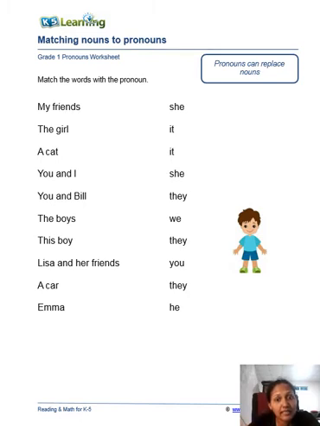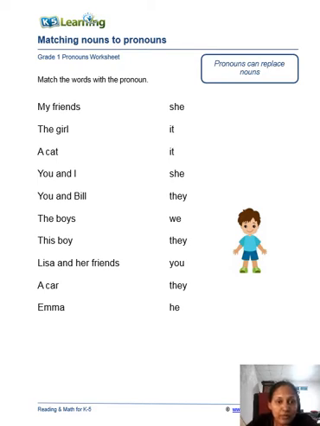She, he, it, we, you, they. Those are pronouns. So you can use the pronouns to replace the nouns. What you have to do here is match the words with the pronoun.